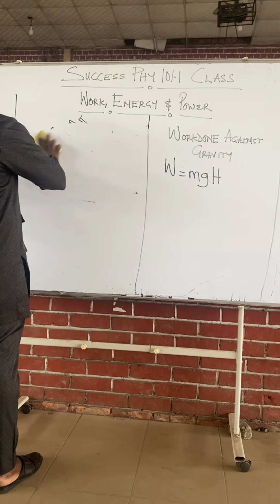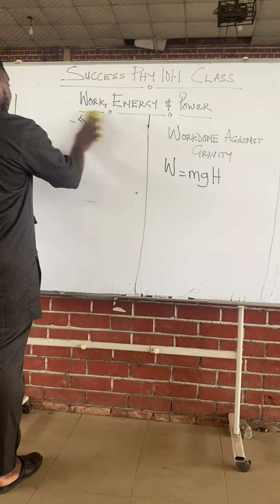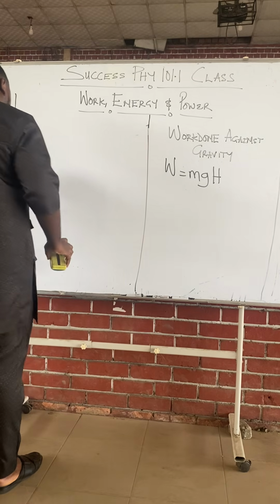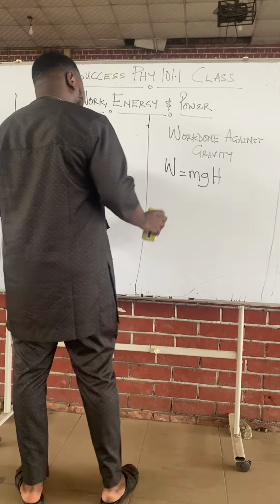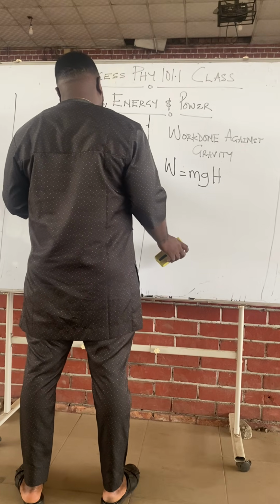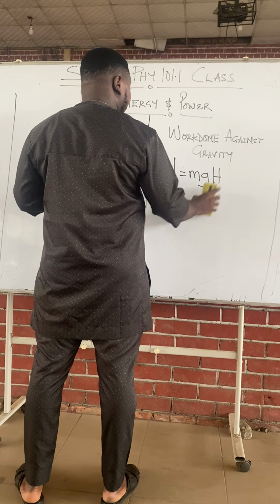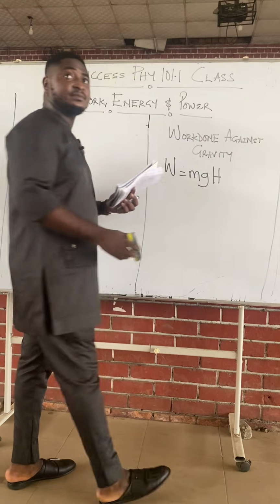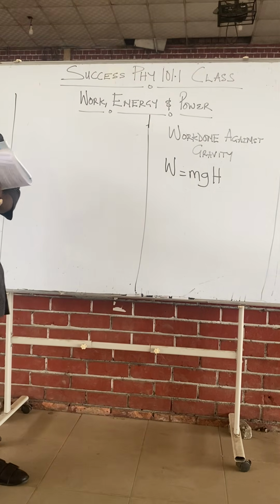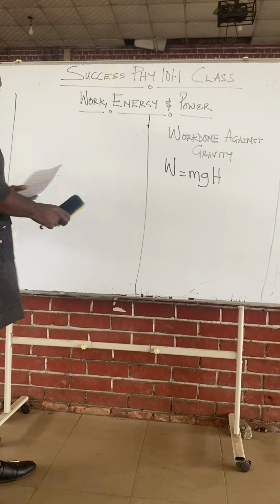What is the work done by gravity on the elevator cage during the displacement?